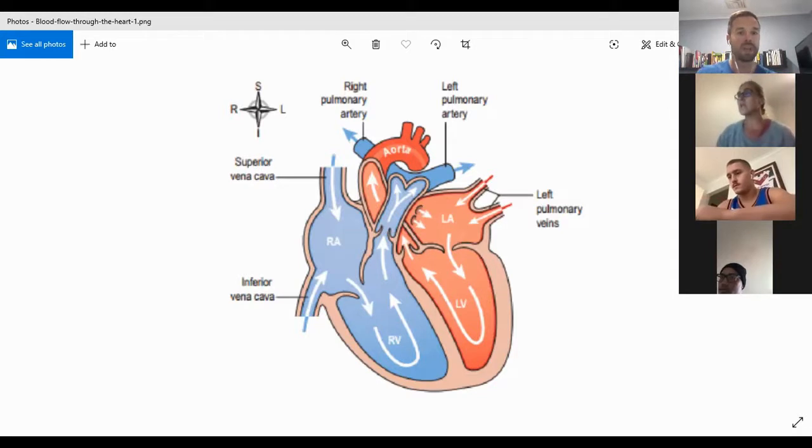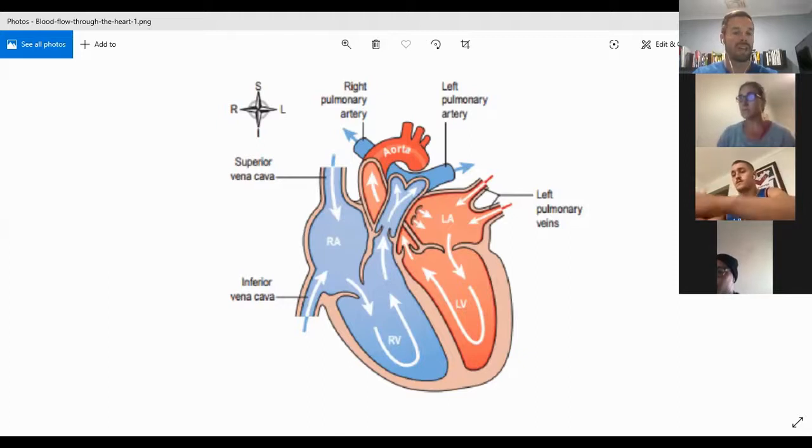So if number two is the superior vena cava, then number 8 would be the inferior vena cava. You say number 8? Yeah, number 8. Can you see it down the bottom there? Yeah. I'm going to work a little bit out of order just so we can understand what's going on. So if number 2 is the superior vena cava, number 8 is the inferior, inferior meaning below.